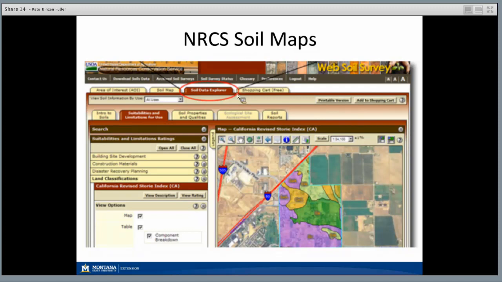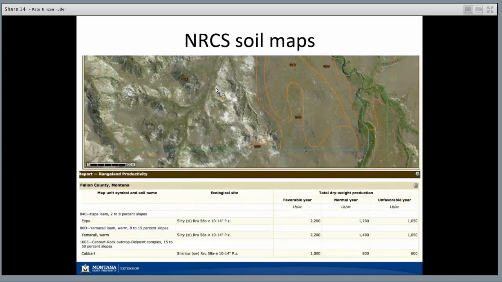And what you can do within this thing that I've got circled here, the Soil Data Explorer, is select your tract of land, and it gets pretty detailed. Then it will show you, in a favorable, normal, and unfavorable year, how much production that piece of property is predicted to have.